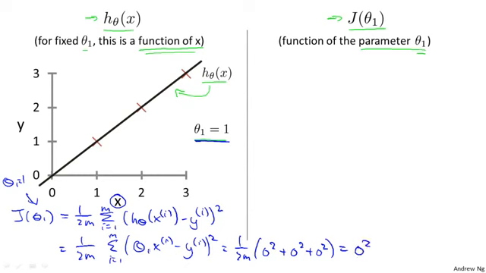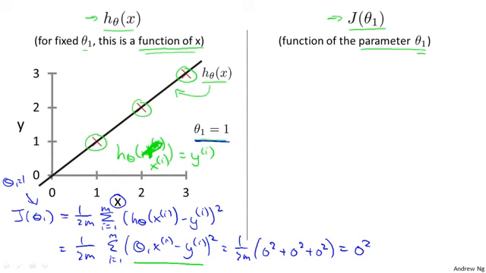Now, inside the cost function, it turns out each of these terms here is equal to 0 because, for the specific training set I have, where my 3 training examples are at (1, 1), (2, 2), (3, 3), if theta 1 is equal to 1, then h of x i is equal to y i exactly.